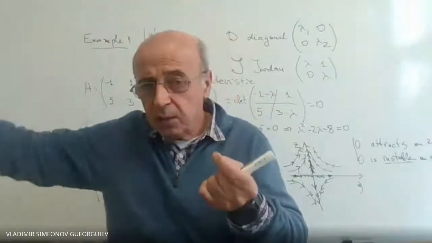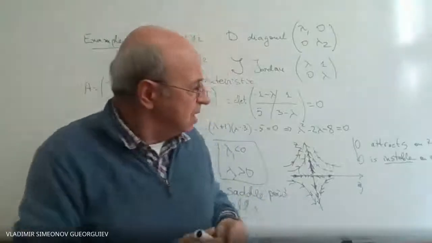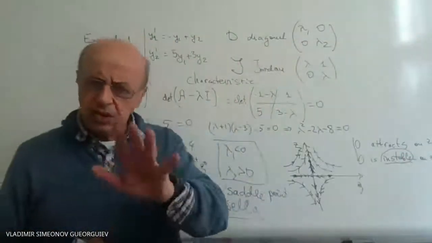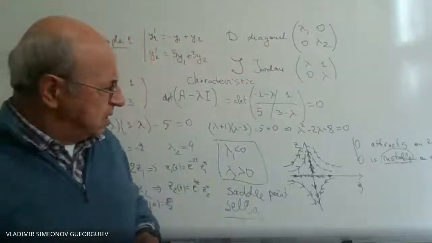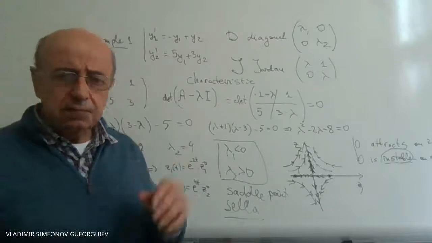So if you go far away, unstable. If you approach, it is stable. This is the meaning of stability, instability. And we shall use this after in our next classification scheme.